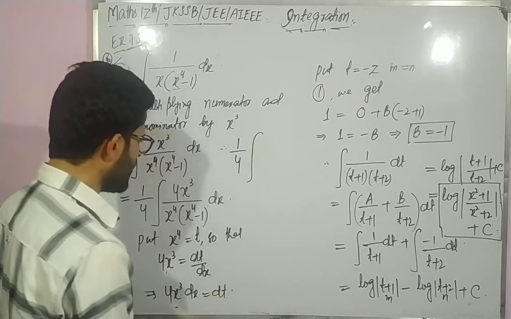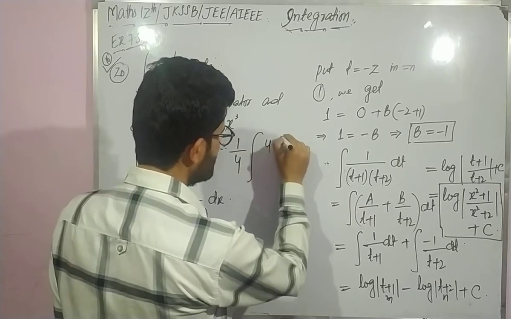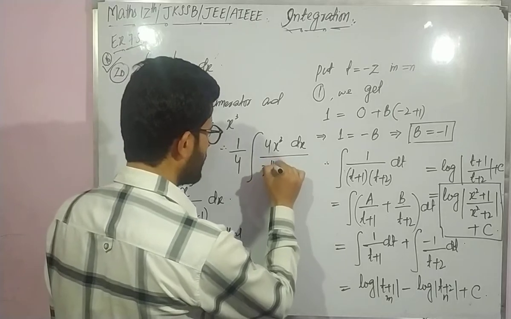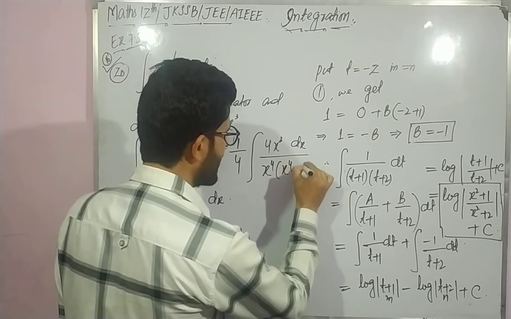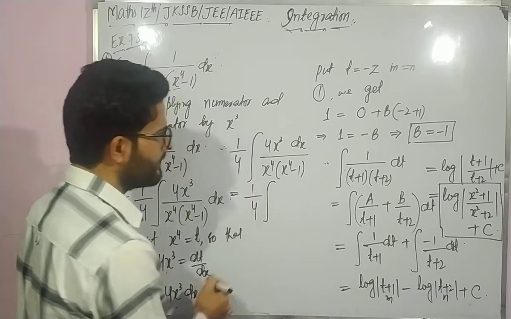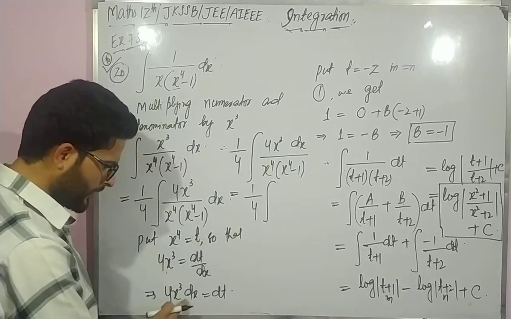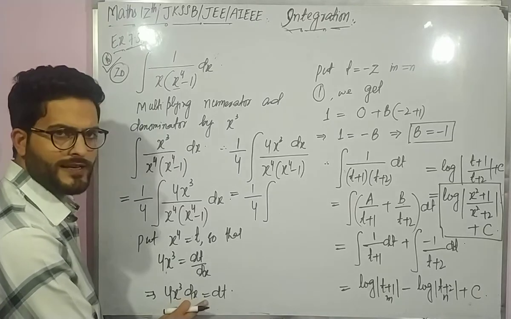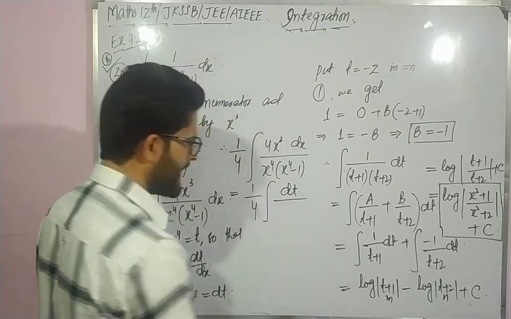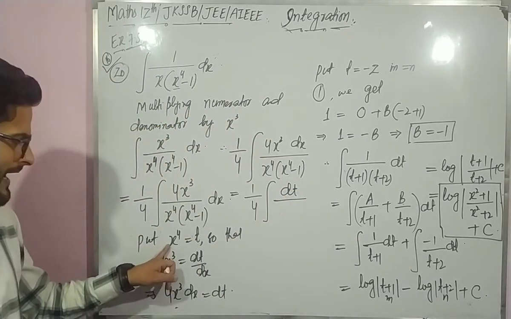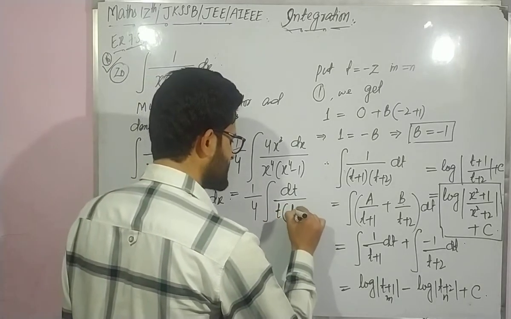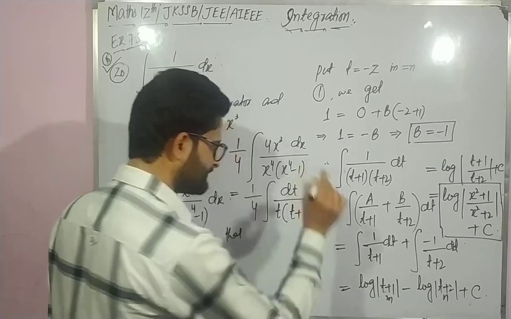Therefore our original integral, that is 1 divided by 4 integration of 4x cube dx divided by x raised to power 4 into (x raised to power 4 minus 1), is equal to 1 divided by 4 integration of 4x cube dx, which is obviously equal to dt, so we can replace that by dt, divided by x raised to power 4, we have taken it as t, so it is t into (t plus 1).